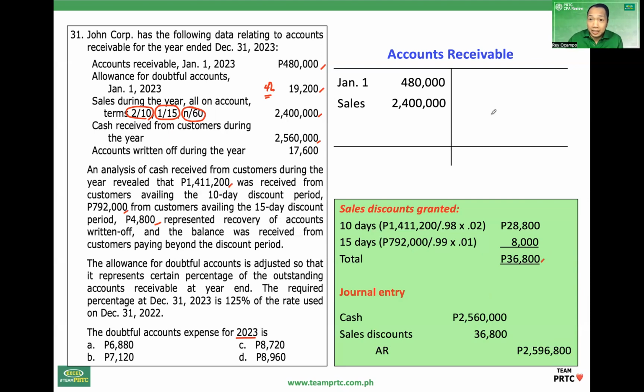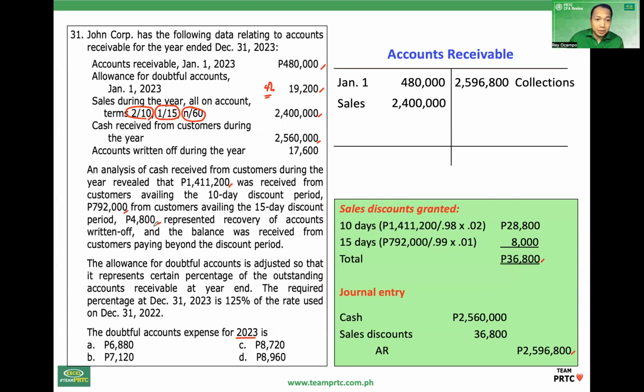So kaya yung credit sa AR hindi lang 2,560,000, kasi itong 2,560,000 yan lang yung cash received. Eh merong sales discounts granted. So credit accounts receivable to record all the collections with discount, without discount, and take note, kasama na rin dyan yung recovery.